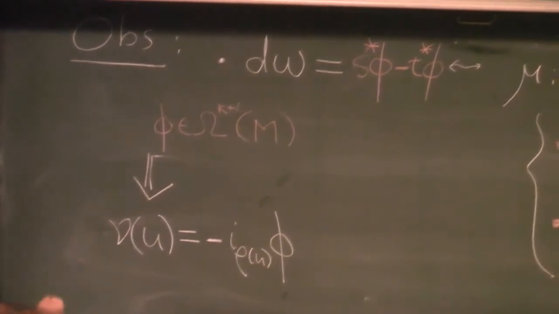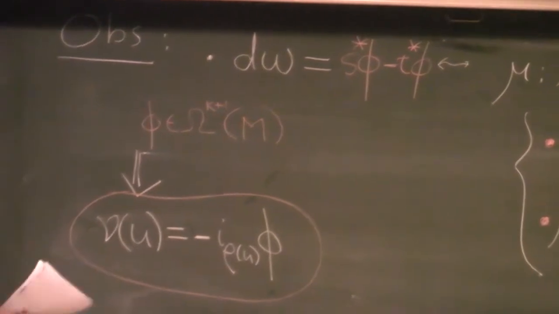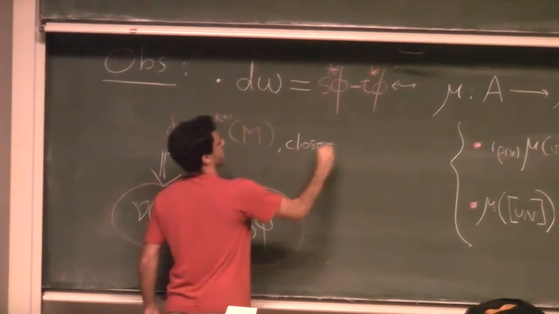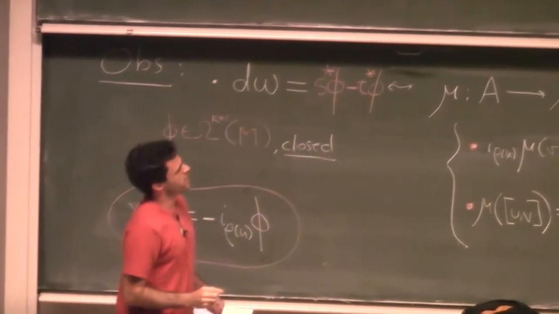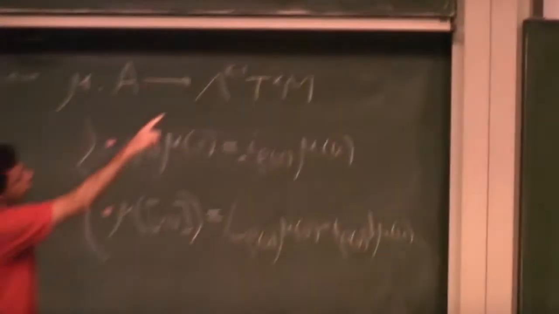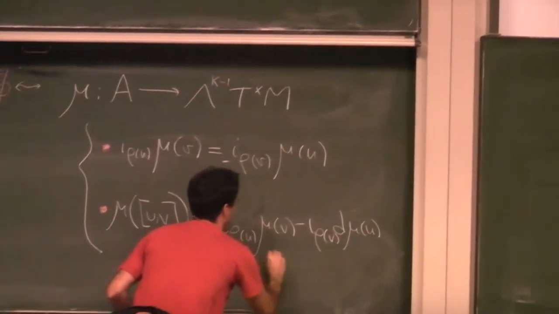Okay, so that's the new in this case, and it's also very easy to show that if this guy's closed, then the second equation, the equation that nu has to satisfy related to the bracket, is automatically satisfied. So you don't need that equation anyway, right? So the difference now is that the nu will appear in this equation like this.